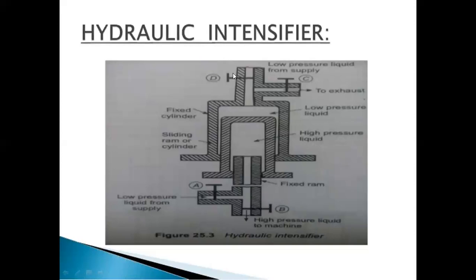Now we will close valve D and valve B, and open valves C and A. What will happen? The low pressure liquid from the supply will start coming in through this valve and filling the space of this sliding cylinder.